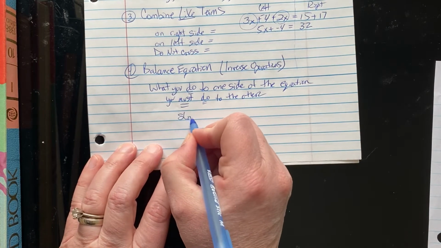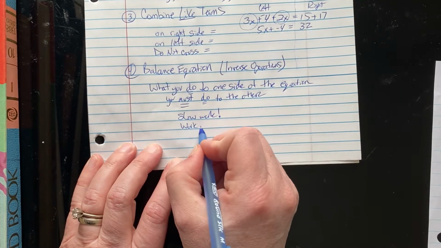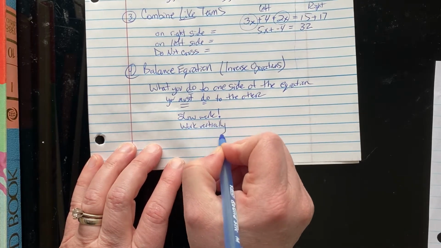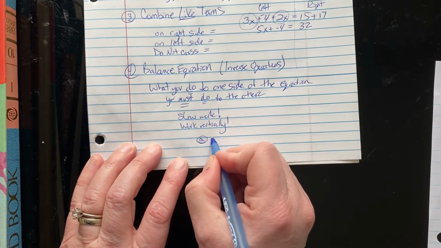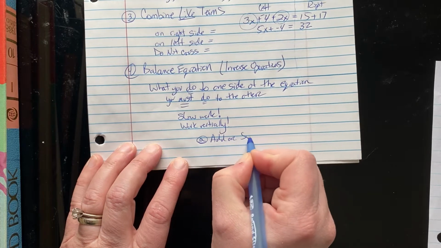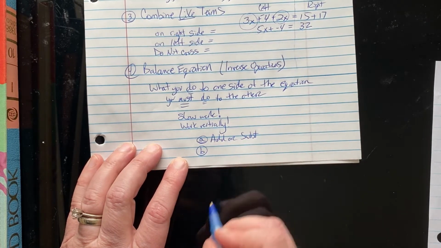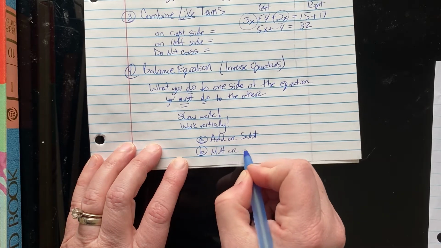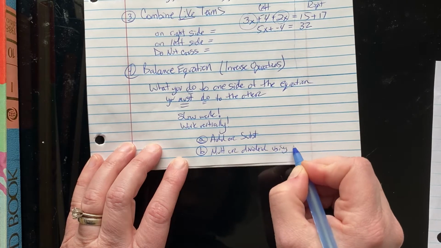We are going to show our work. We are going to work vertically. Typically, the first thing we're going to do is add or subtract to both sides. And the last thing we're going to do is either multiply or divide using the coefficient.